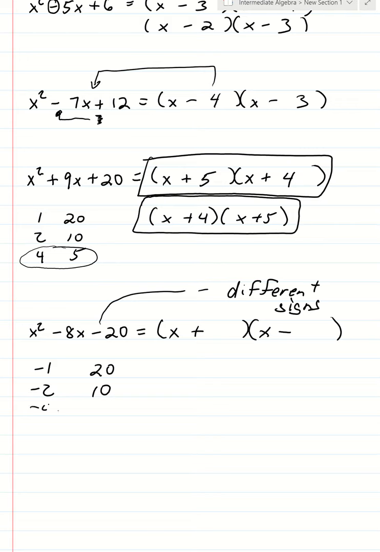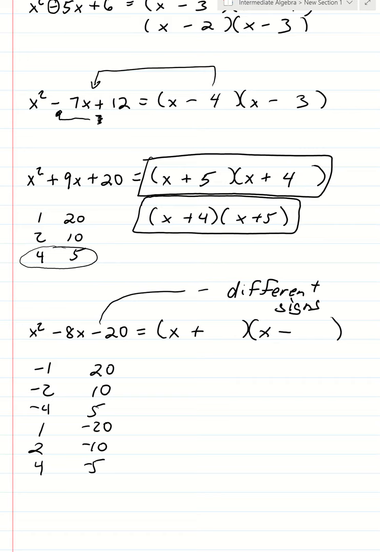I could do negative 4 and 5. But don't forget, I can also change which number is negative, in that I could do a positive 1 and a negative 20. I could do a 2 and negative 10, as well as I could do a positive 4 and a negative 5. So now I actually have 6 pairs of numbers that multiply to the negative 20.